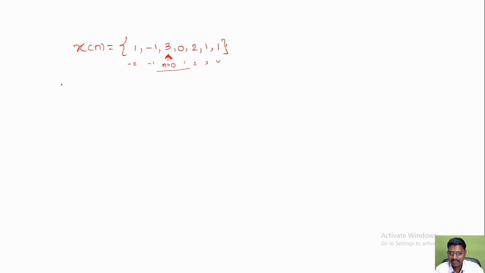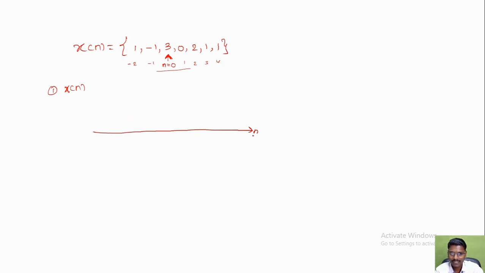First, number 1, I need to find x of n. I am going to draw the values of x of n for the given samples. This is represented as n because this is a discrete time signal, so we cannot write it as t, because t is for continuous time signals.